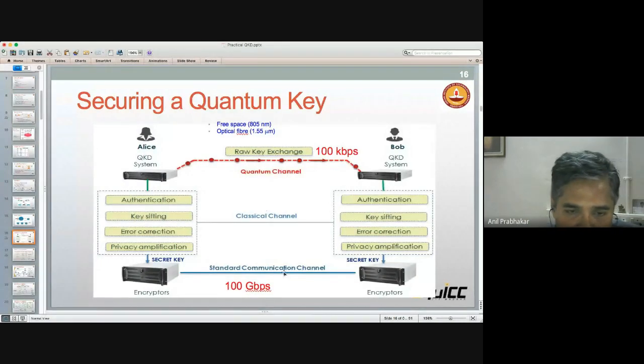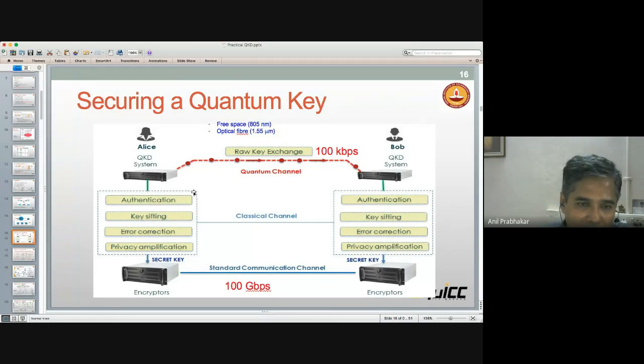But the standard communication channel will be running at 100 gigabits per second. So there is always going to be a factor of 1,000 or 10,000 between these two. If you want to understand what that means, it means that you're using your same password 10,000 times, right? And that is actually insecure, right? So you have to pay attention to that if you want to build a fully secure system.